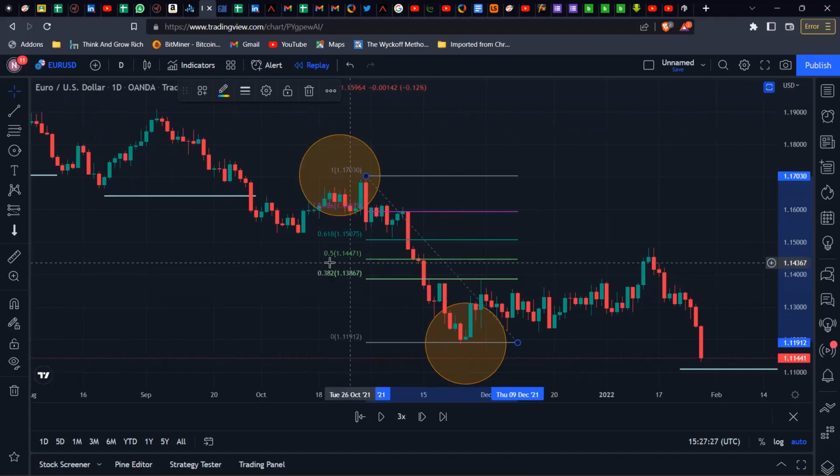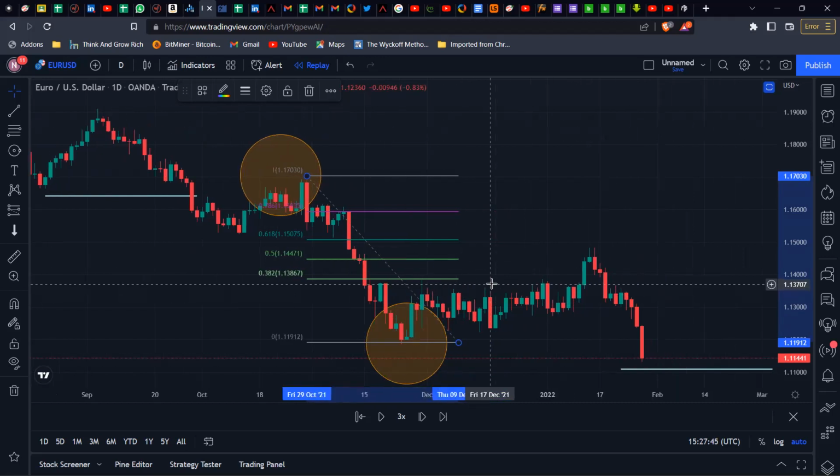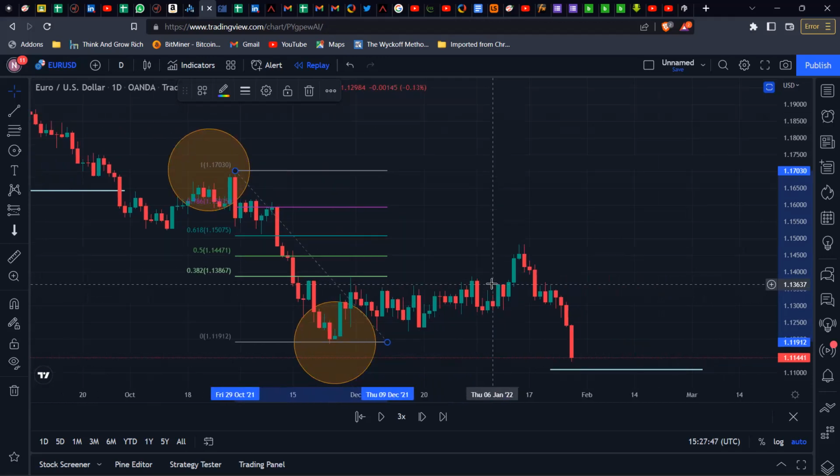You can see we have our 38.2, our 50.0, our 61.8. I removed the 23.6 because I don't really use it, it's too close. Sometimes the market doesn't make deep retracements, it retraces only slightly. In that case, I don't want to pay attention to the 23.6.